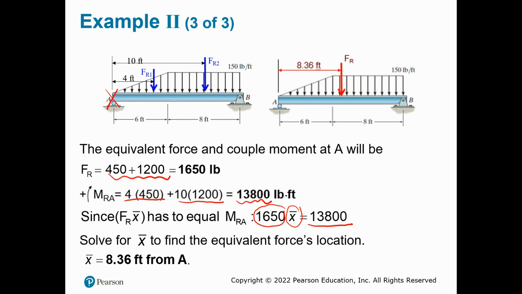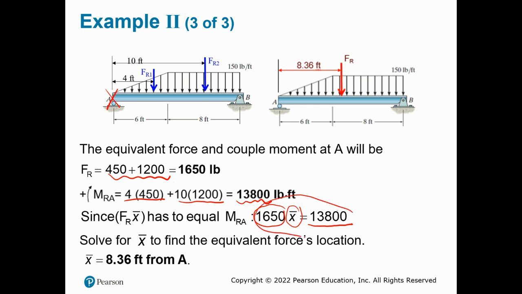So in other words, I have FR1 and FR2. If I'm going to use one single FR to replace FR1 and FR2, the magnitude will be 1650 pounds and the location will be 8.36 feet away from point A. Where does the 8.36 come from?